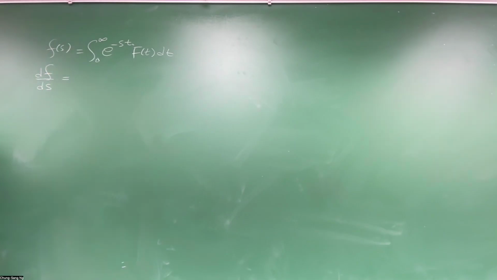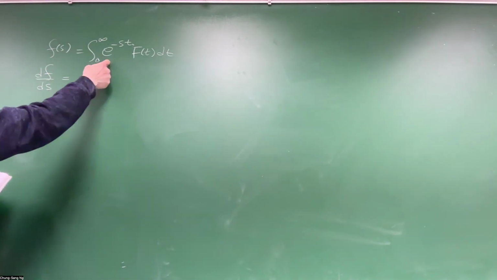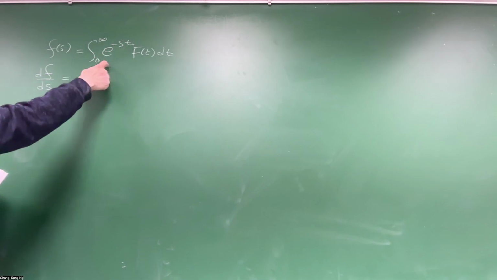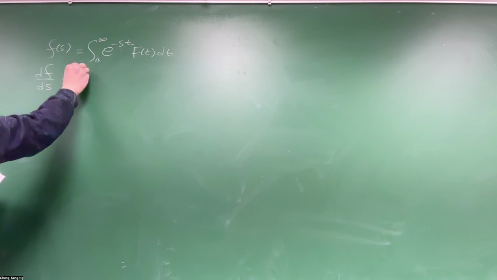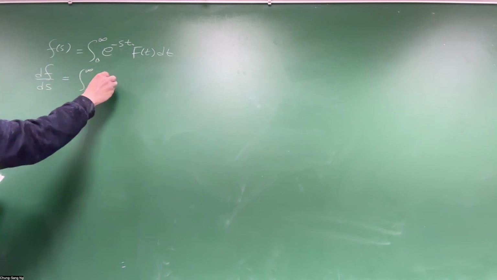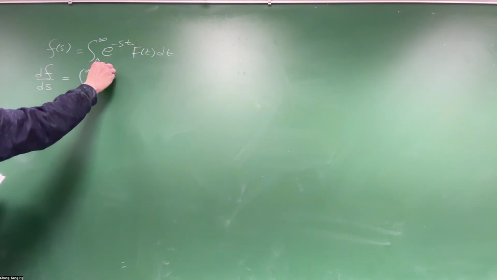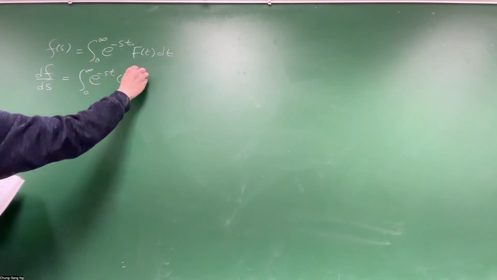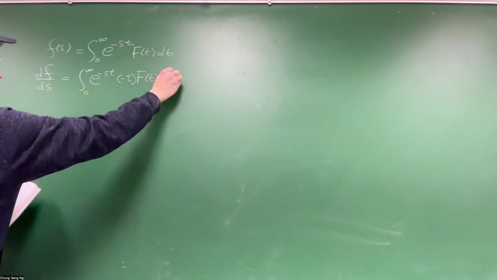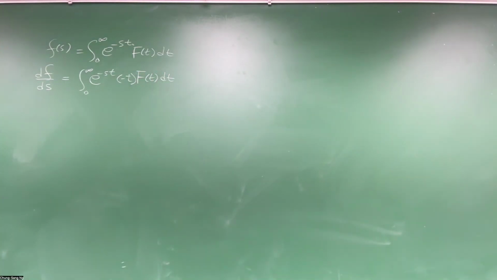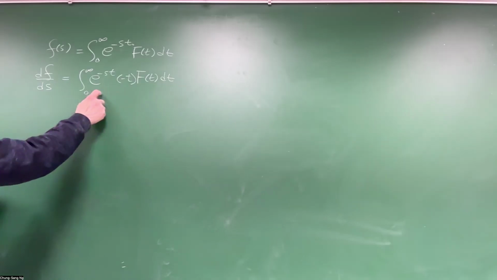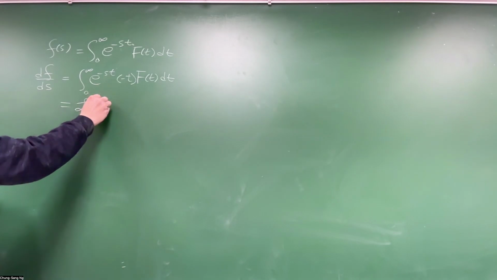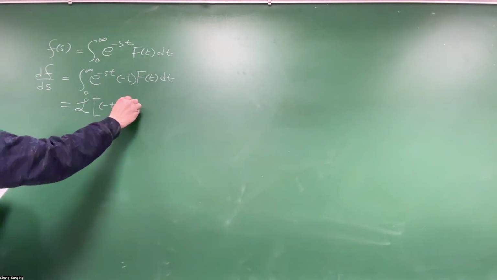Now, quite obviously, you just pull out the minus t, and take the derivative with respect to s. That's the same exponential function, multiplied by a minus t factor, f of t. Okay, and now by definition, this is just the Laplace transform of minus t f of t.